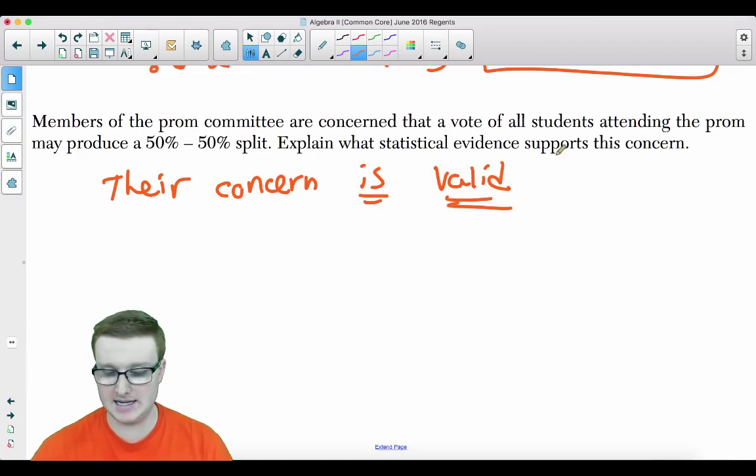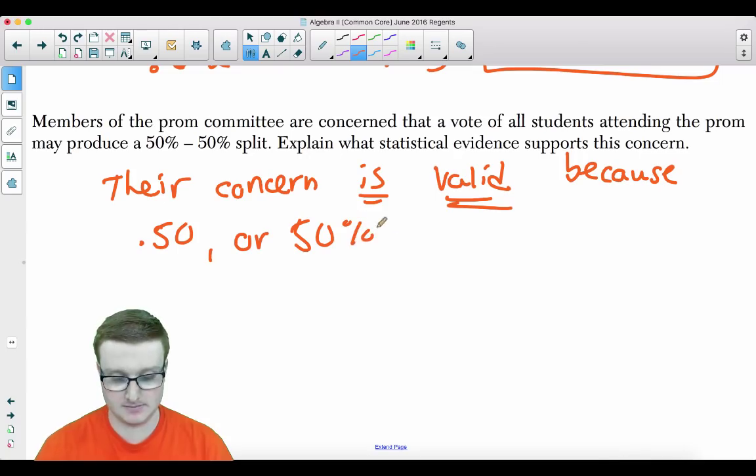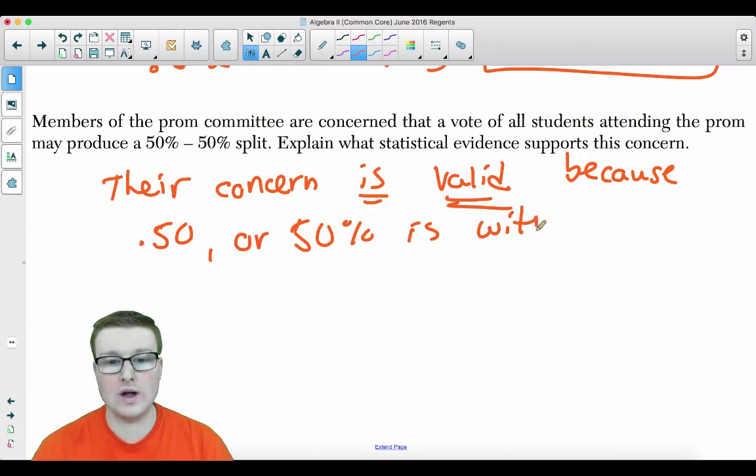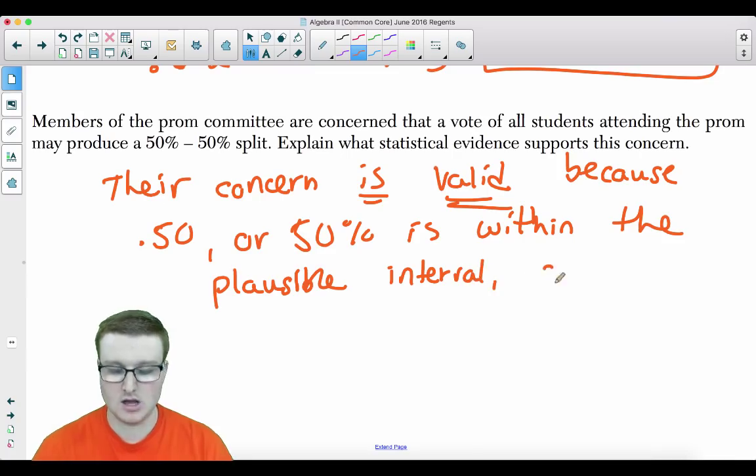It's totally validated because 0.50, which is the 50%, is within the plausible interval. So a split is still possible.